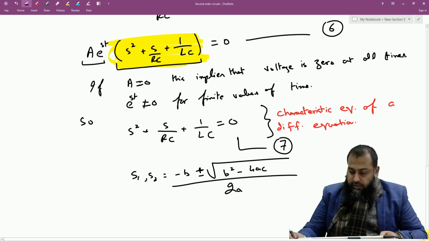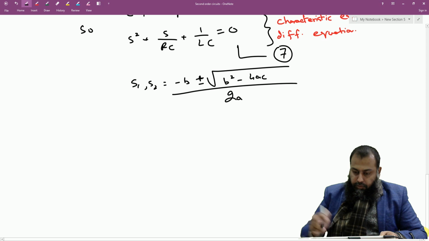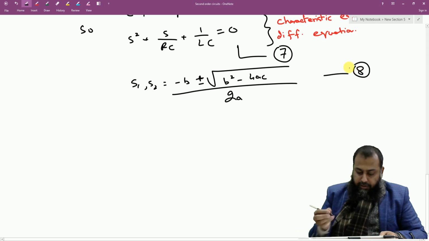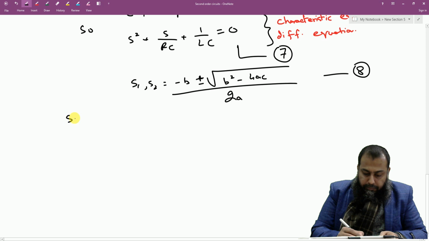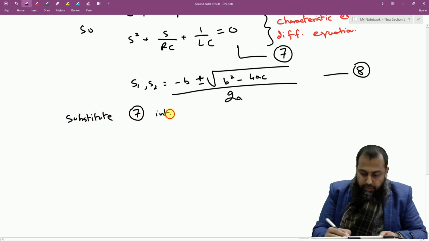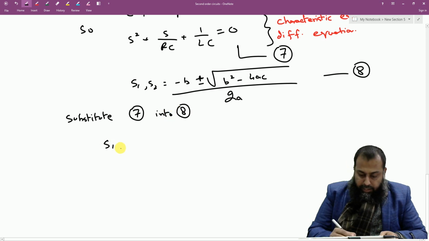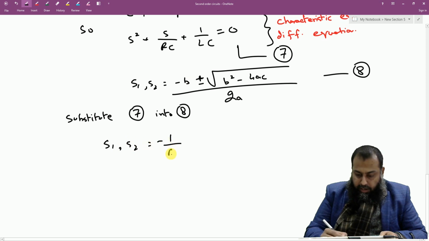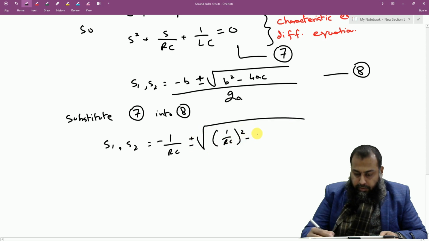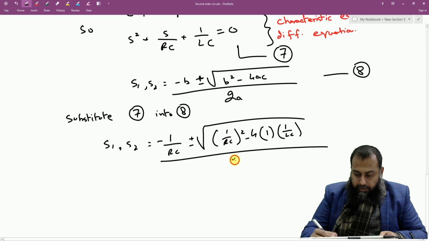So based on this particular expression, equation number 8, if I substitute equation number 7 into equation number 8, then I get s1, s2 is equal to minus 1 over RC plus minus under root 1 over RC square minus 4 into 1 into 1 over LC, divided by 2.